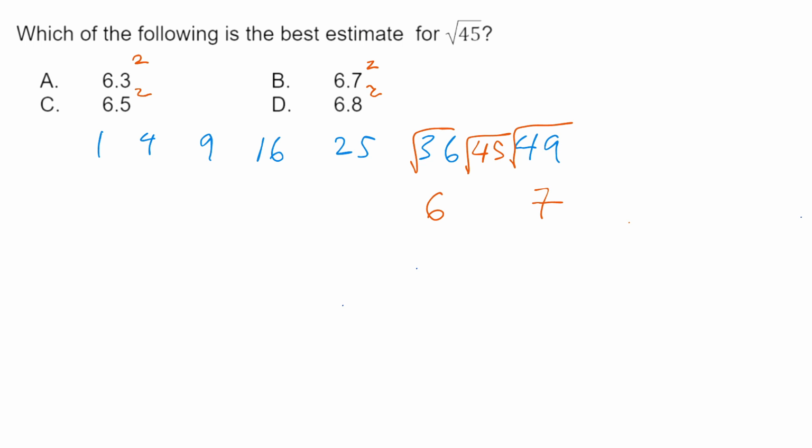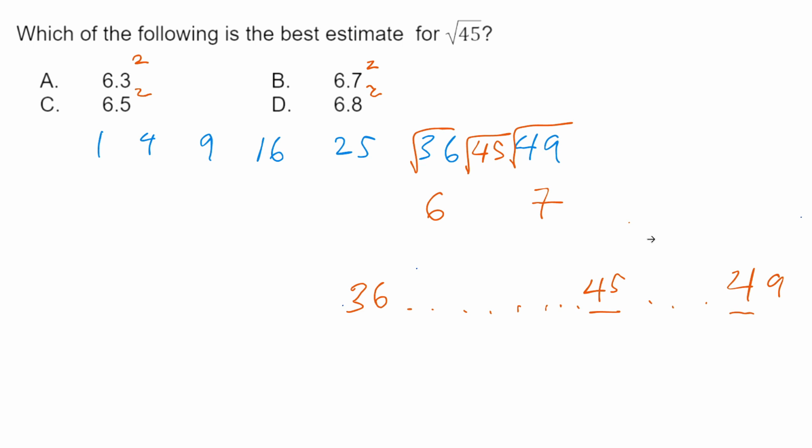To illustrate that, let's say we have here 36, this is 49, and 45 will be somewhere around here. So this is 36, 37, 38, 39, 40, 41, 42, 43, 44, 45, 46, 47, 48, 49. Definitely 45 is much closer to 49.